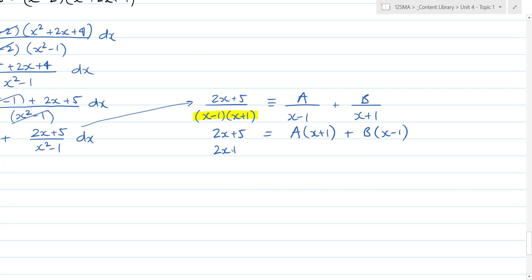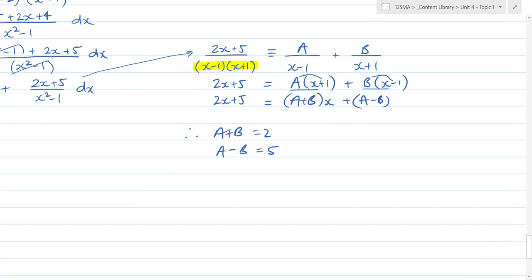I'll skip a little bit of working now. I get an ax and a bx, so I get a plus b x, and then I get an a and a minus b. And so therefore a plus b is equal to 2, a minus b is equal to 5.